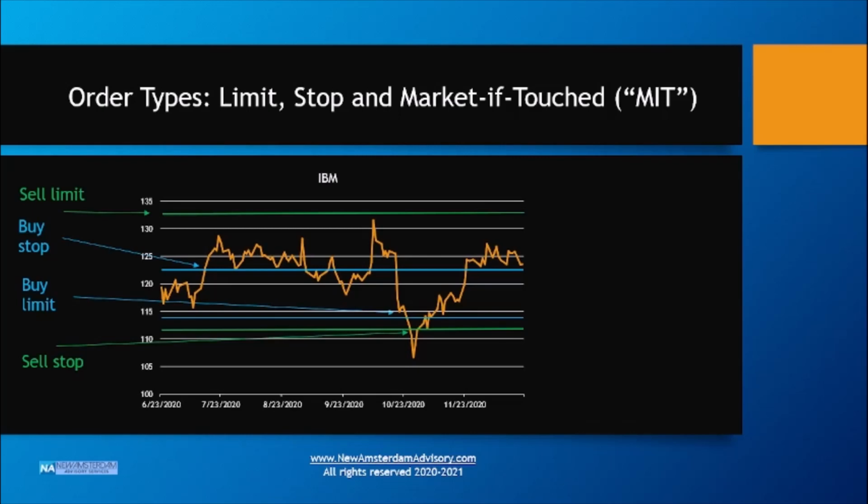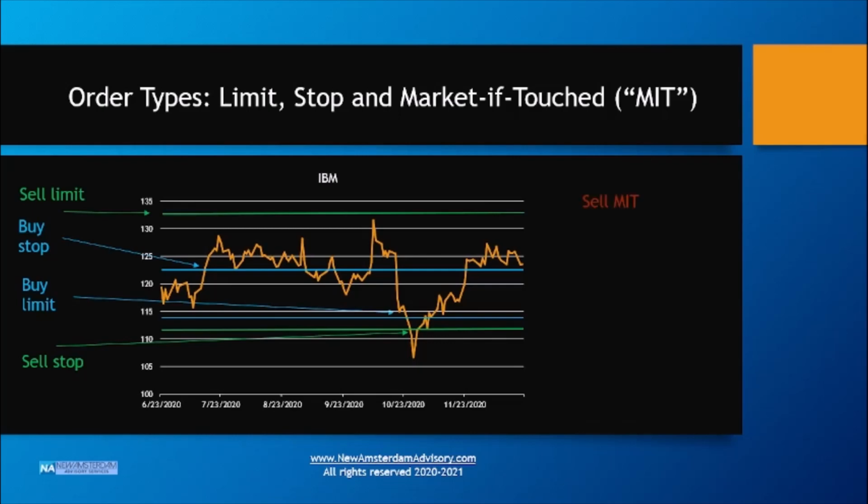So a sell stop will be below the market and will look like this. And again, we put the stop at about 111, 111 and a half. The market price will sink through that, and we'll get a market order generated at the moment that stop level gets triggered.